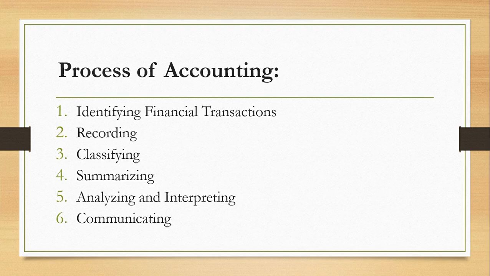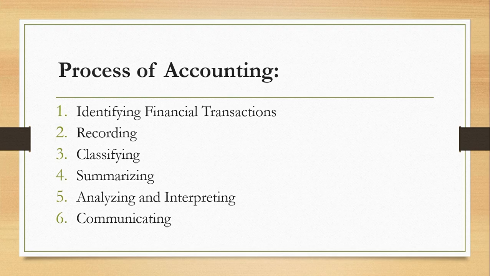Once we classify and understand the balance towards the end of the year, we need to prepare the summary. And for the summary, we start with the book called Trial Balance, wherein we put all the balances that we have received from classifying, and we check the arithmetical accuracy of that book.